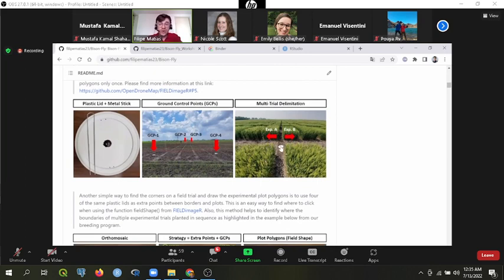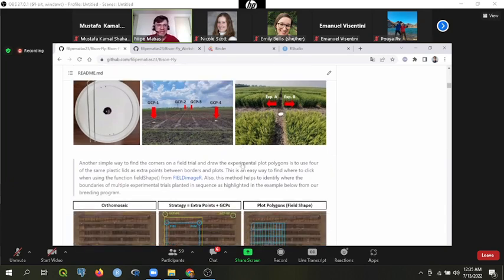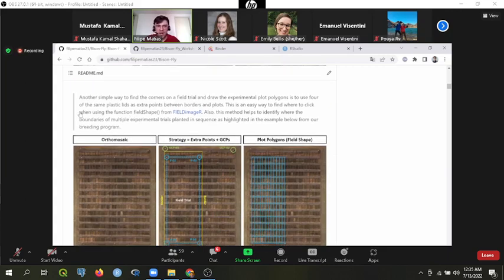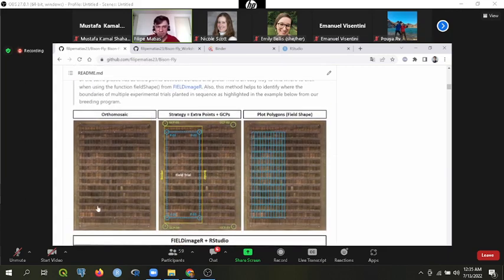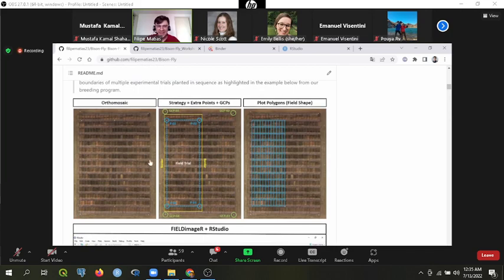Here's one strategy that we thought of when we have two experimental trials right beside each other and it's hard to identify where one starts and the other finishes. The main idea here is having the ground control points on the borders and dividing the field. We can include where our division point is going to be, for example.